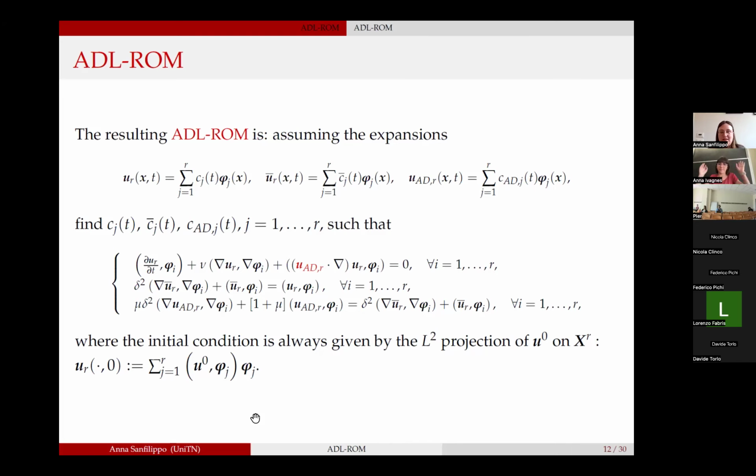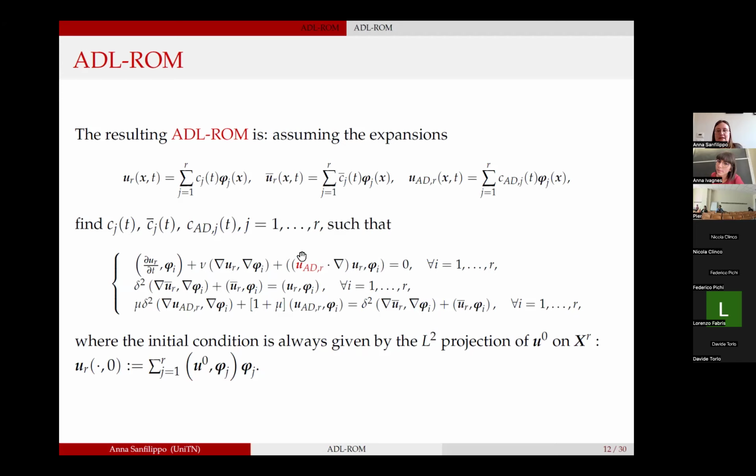From a practical point of view, if the nonlinear term is replaced with both velocities reduced or approximate deconvolved, it's not anymore a proper unknown. So you are no longer solving the problem for the velocities itself, because at each nonlinear step you can properly compute these.